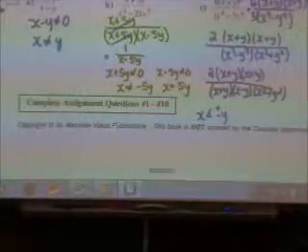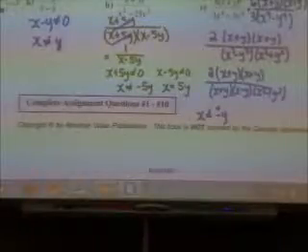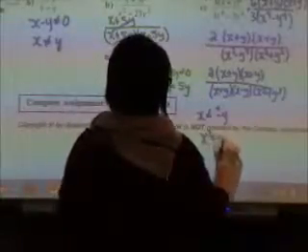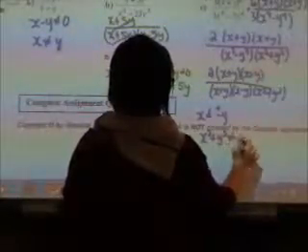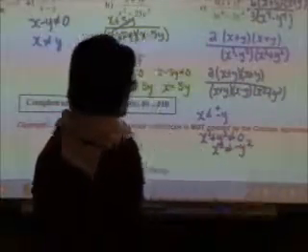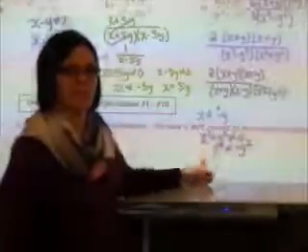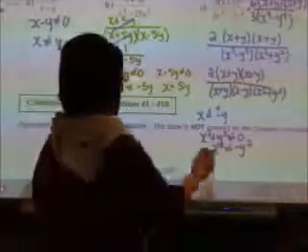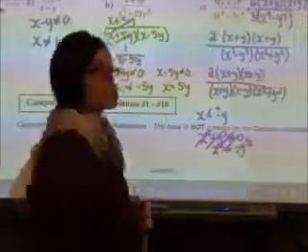And then I have x squared plus y squared. So x squared plus y squared can't equal 0, which means x squared can't equal negative y squared. But then when I go to square root it, I can't square root negative y squared. So this, I wouldn't worry about.